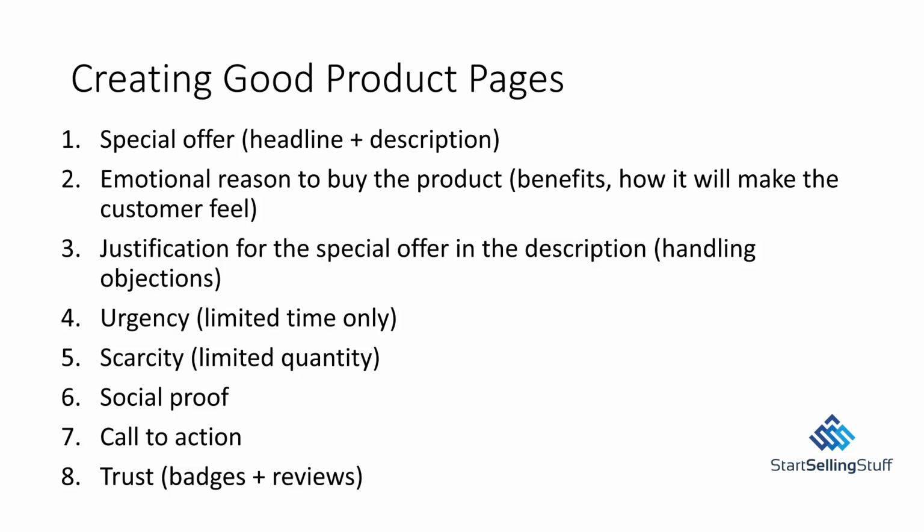So paint the emotional reasons why someone would want to buy the product. Key here is emotional reasons, not logical reasons. So if you're selling clothing for dogs, you're selling little dog sweaters. The logical reason might be to keep your dog warm or give your dog a sweater because it looks nice. But that is not a strong emotional reason.